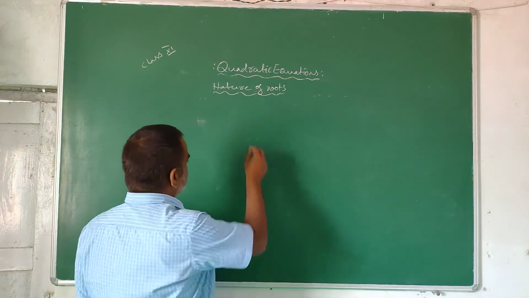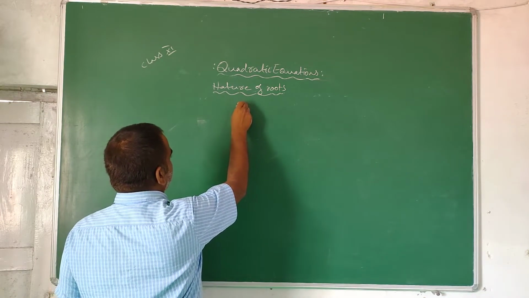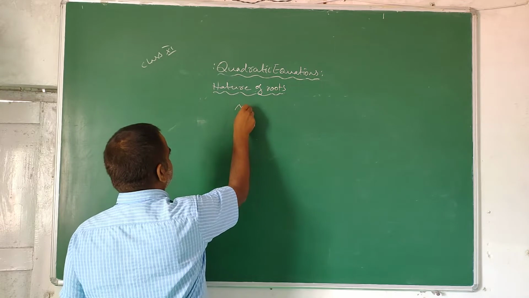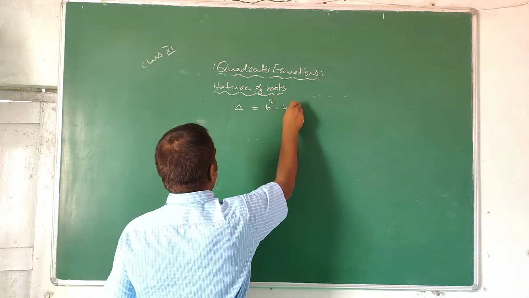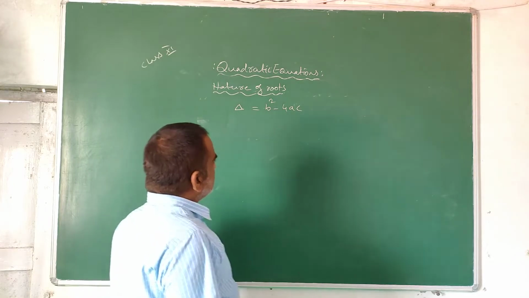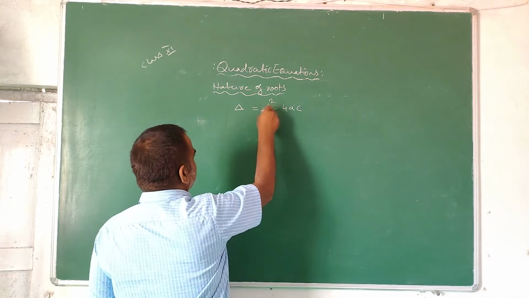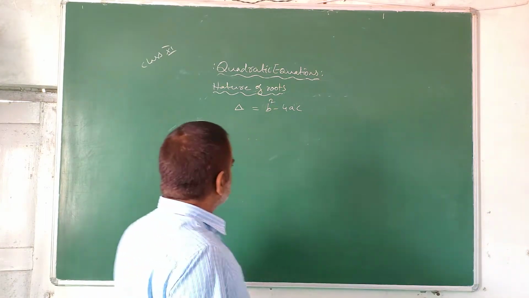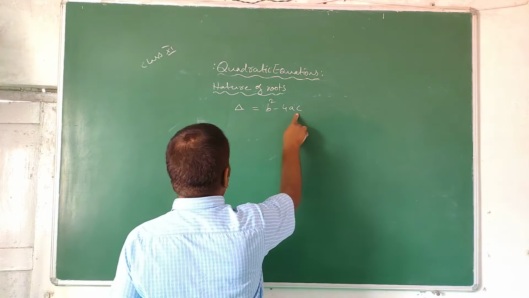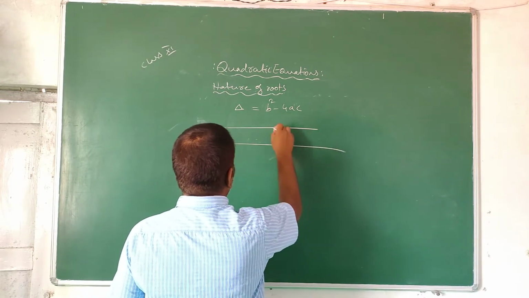In the nature of roots, first of all, we have to calculate the discriminant, which is denoted by delta, which is equal to b square minus 4ac. This is called the discriminant, which describes the nature of the roots. Depending on the discriminant value, the nature of the roots is decided.